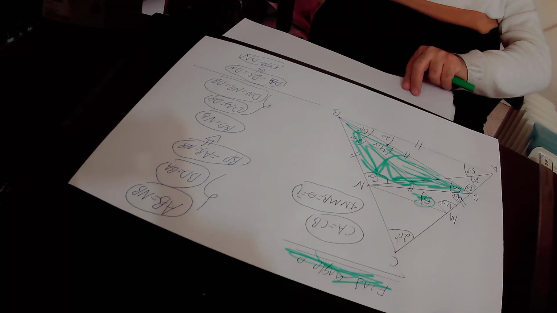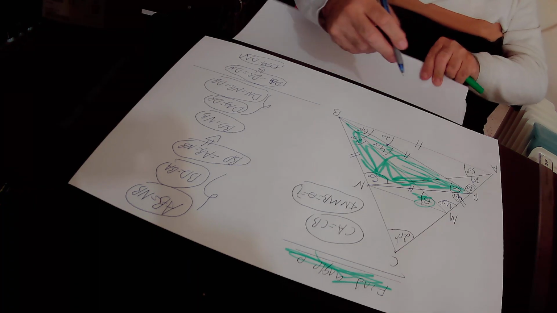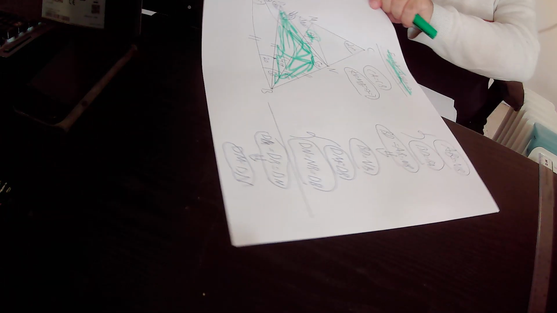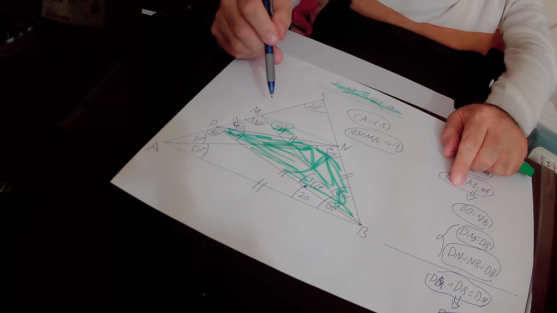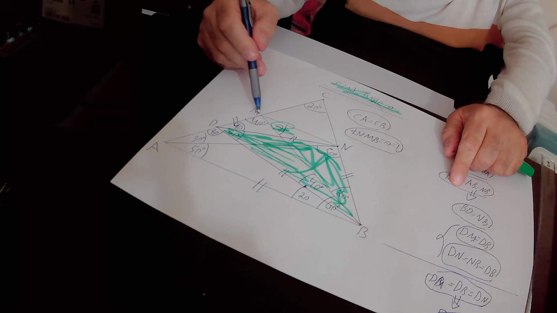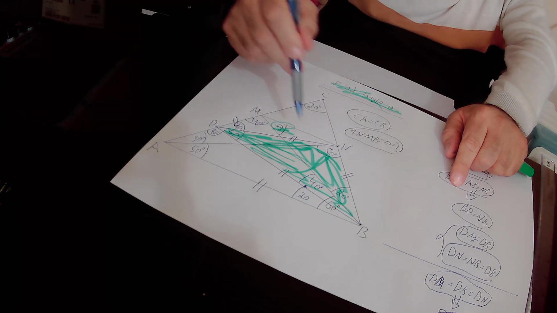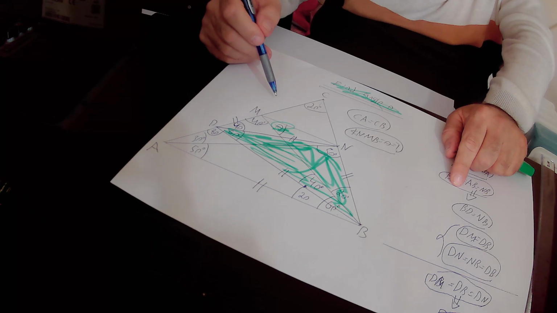So actually, this is angle DMN. Angle DMN equals 70 degrees in size. So the big angle DMN equals 70 degrees in size. The small angle BMD, this angle equals 40 degrees in size.